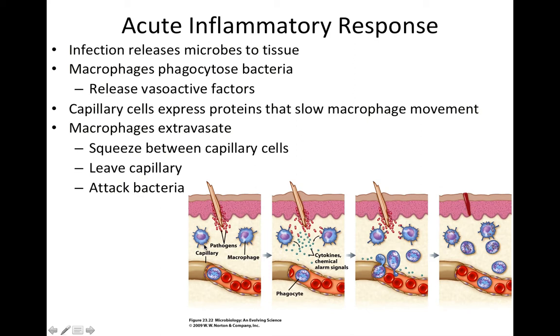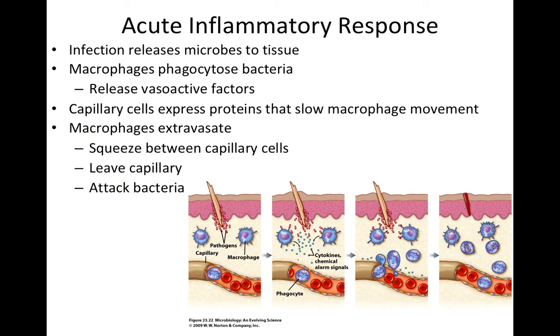And what we have under the skin are macrophages. And macrophages will detect the microorganisms you see over here. And basically, as they phagocytose the bacteria, recognizing perhaps LPS for gram-negative or peptidoglycan on the surface of a gram-positive, they will then secrete chemokines, which are chemicals that help to bring in other immune cells to the area.